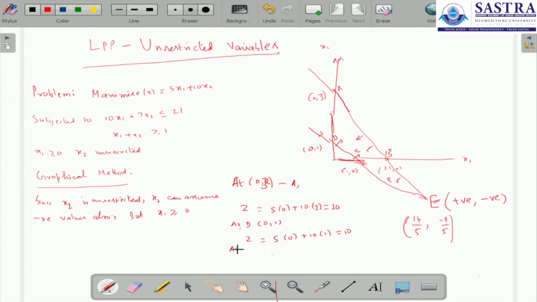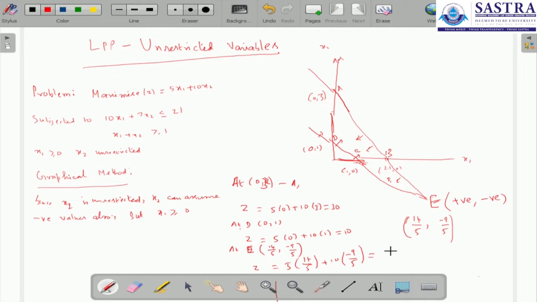Now at the point where the two lines meet, that is E, the point is 14 by 5 as the x1 coordinate and minus 9 by 5 as the x2 coordinate, so the Z value becomes 5 times 14 by 5 plus 10 times minus 9 by 5.